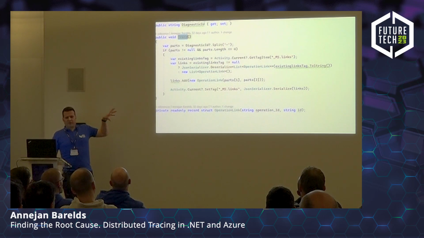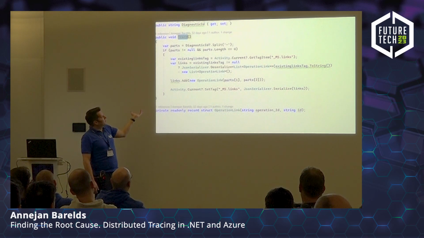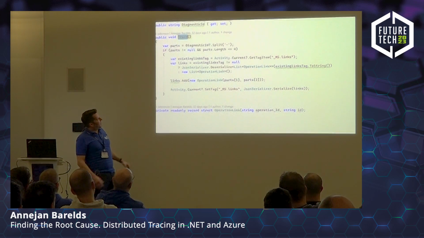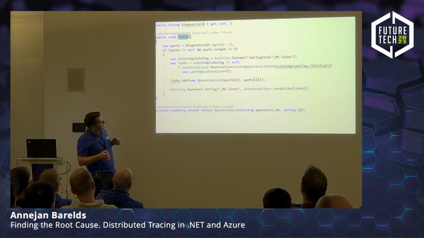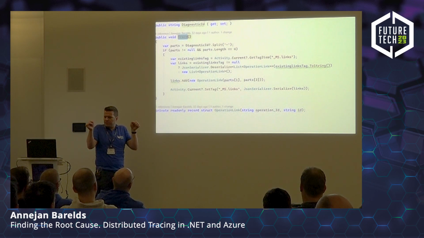Basically, we saw that I added an extra property to that JSON event that's going into Cosmos, the diagnostic ID. Now I'm just splitting it up, and I'm building an array of these traceparent type strings.